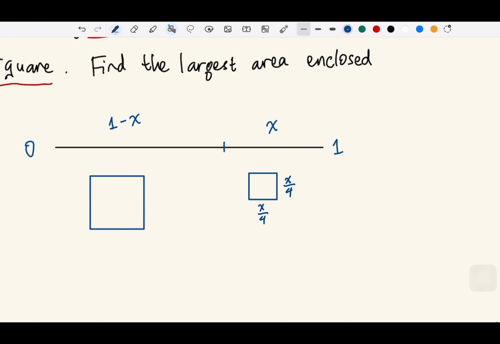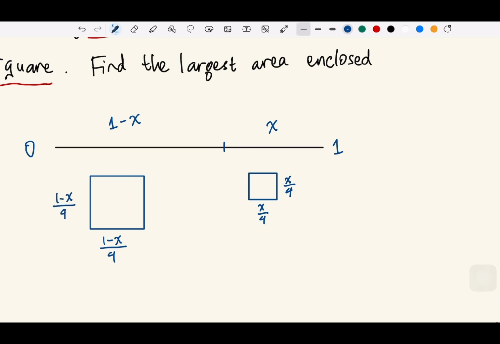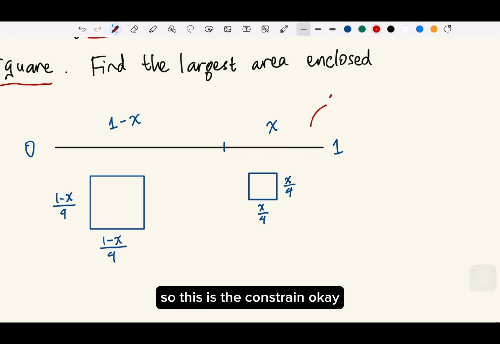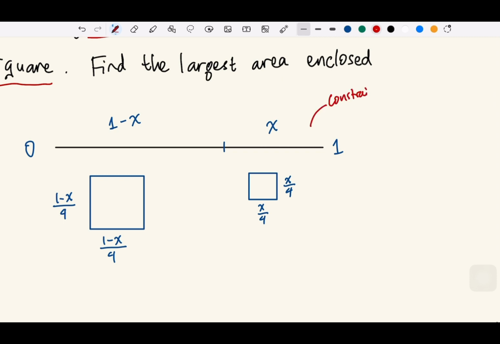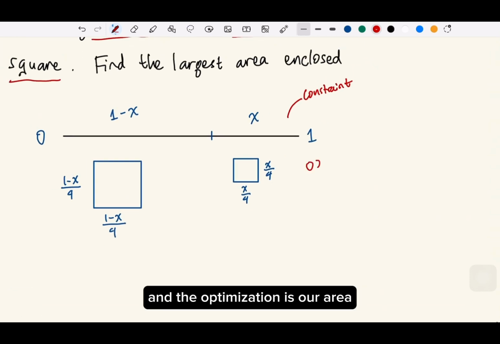So let's say this is 1 minus x over 4 and 1 minus x over 4. So this is the constraint. And the optimization is our area.